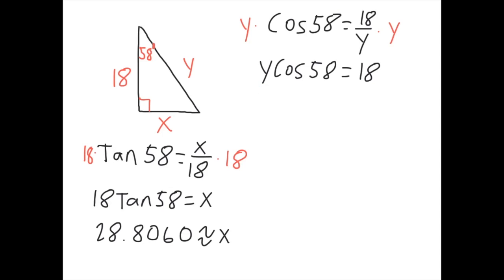Now we need to get y by itself. So we have y times the cosine of 58, so we do the opposite and divide both sides by the cosine of 58.